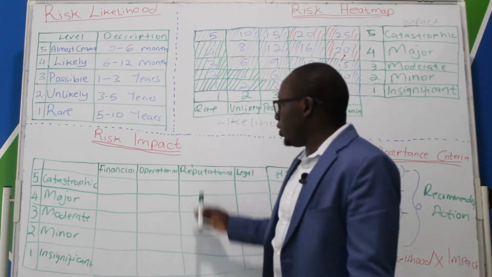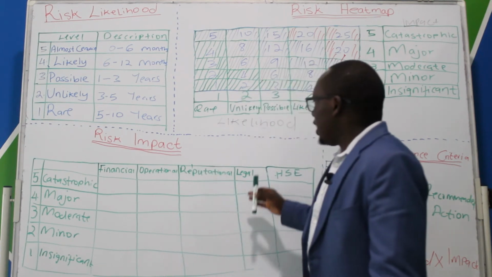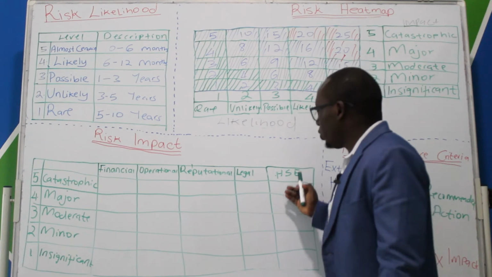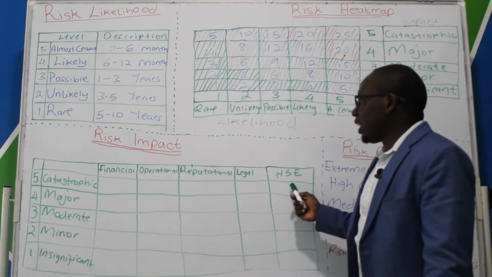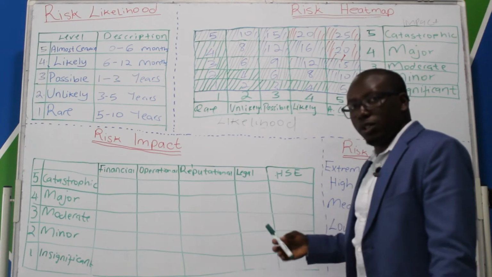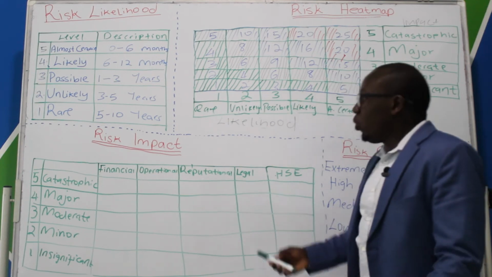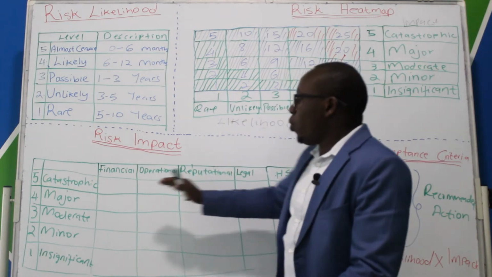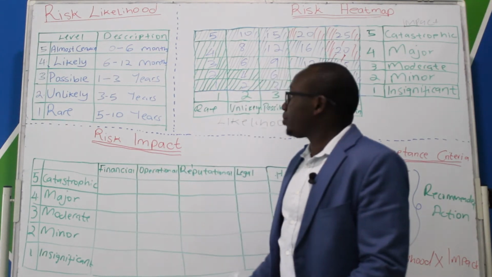You need to make sure you define what that would mean. Then for occupational health and safety and also environment, catastrophic could be the death of someone, then major would be injury. So just come here and fill out for each column what each of these levels means.